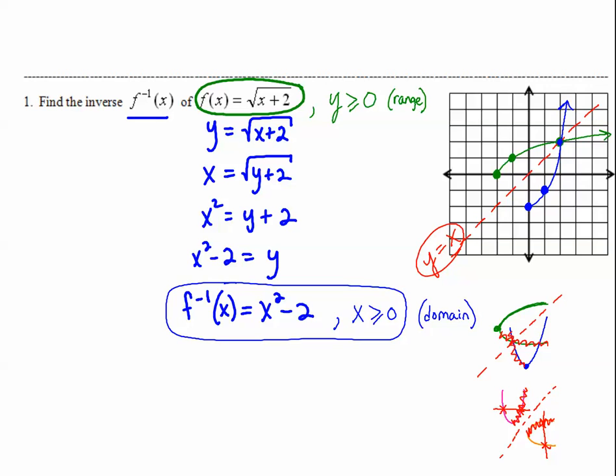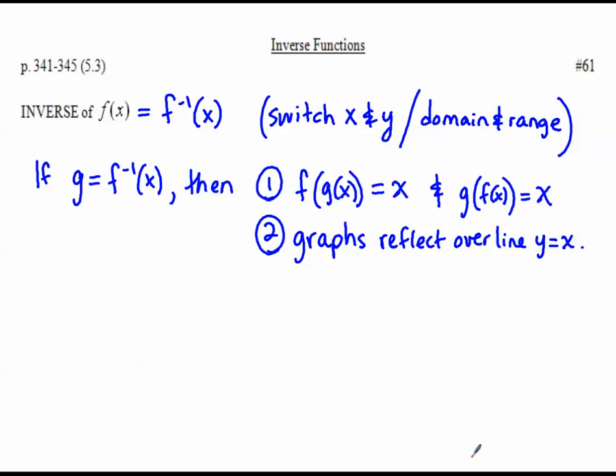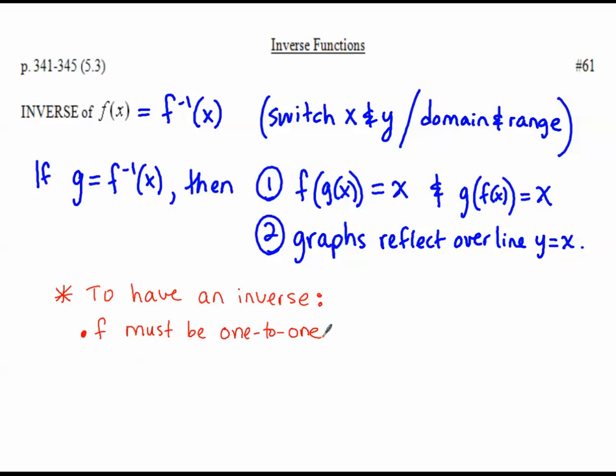So some important things to take note of. In order to have an inverse, first, we say f must be 1 to 1. That means for every x value there is one y value, and for every y value there is one and only one x value.